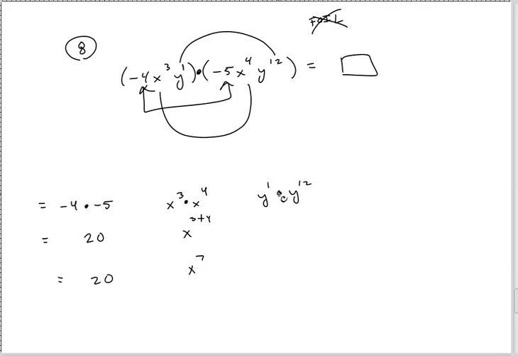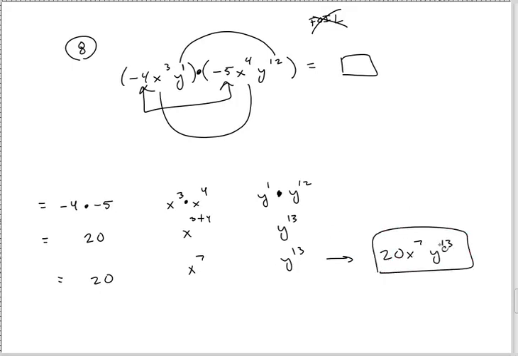Again, you're multiplying your bases, so then you're going to add your powers. And that's kind of your answer. Let me just make this look a little bit better. 20 x to the 7th, y to the 13. And yes, you have to type it just like that into the program to get it right. There we go. Cool.